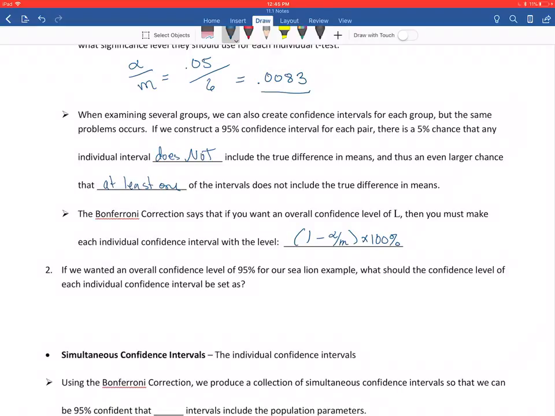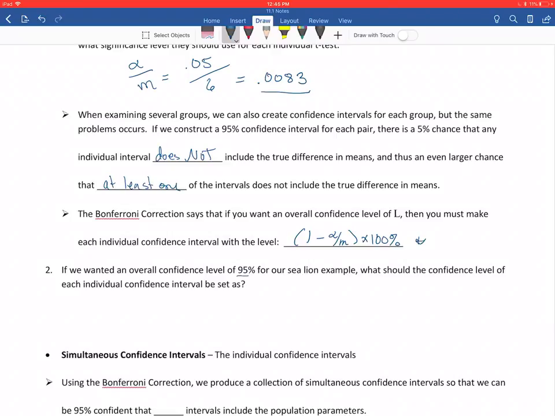If I want to make a 95% confidence interval, that's the same thing as having an alpha of 0.05. So 95% and 5% are just complements of each other. This formula is nothing new, all it's saying is use the complement level.